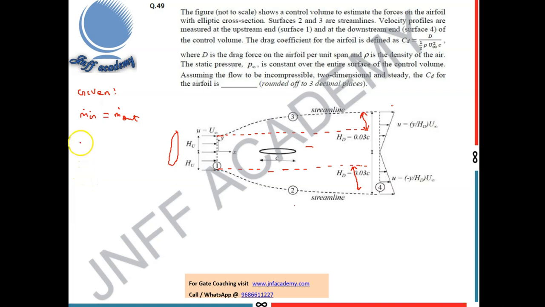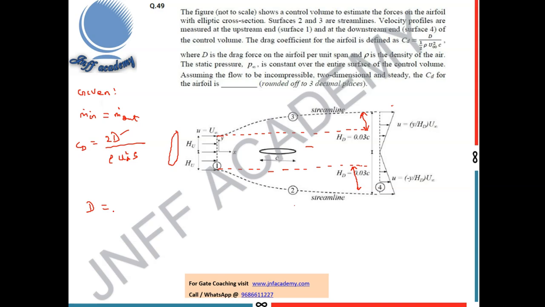Cd is equal to 2D divided by rho U infinity square S, because drag is equal to half rho V infinity square S Cd. So now we have to find out the drag and substitute it here. Now let's start with how to find out the drag. Finding the drag is very easy, right?